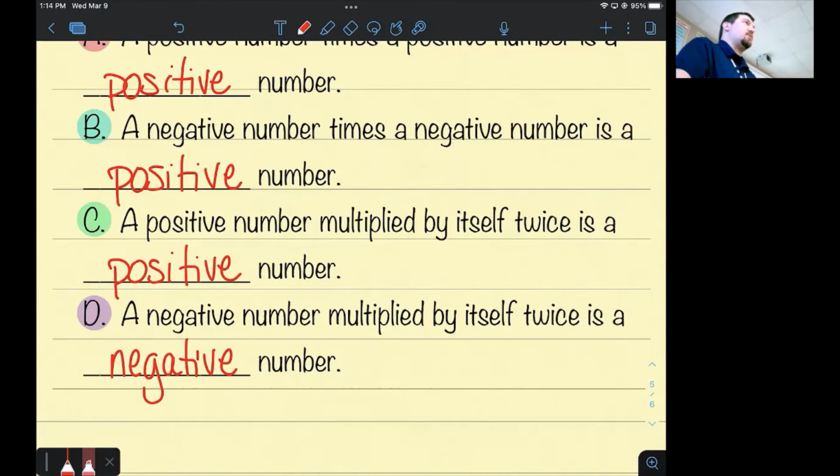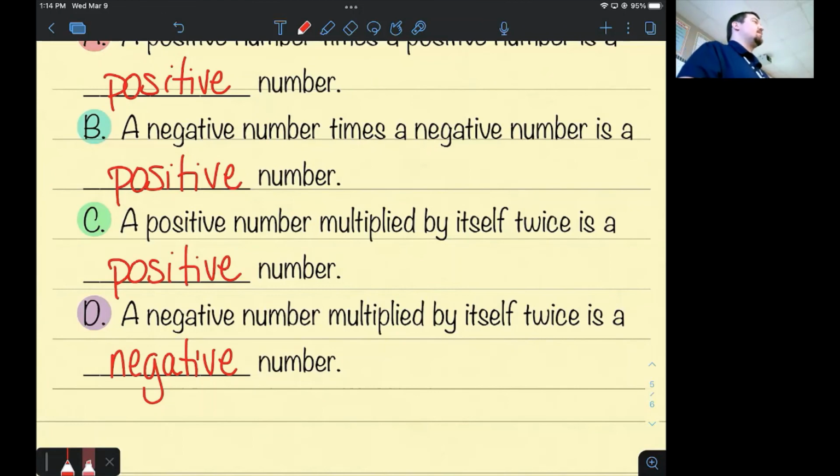A negative number to the 13th power. Carson? Negative. A positive number to the 13th power. Yeah, a positive number to any power is going to be positive, right? Negative to an even power is always going to be positive, right? Yep.